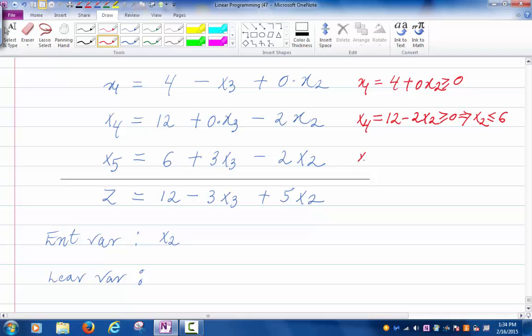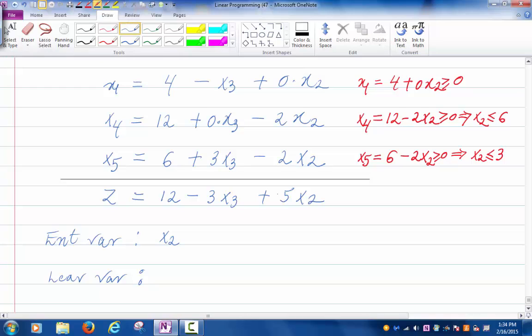And what is x5? That is 6 minus 2x2 larger than 0, and that means x2 is less than 3. So what is my leaving variable then?